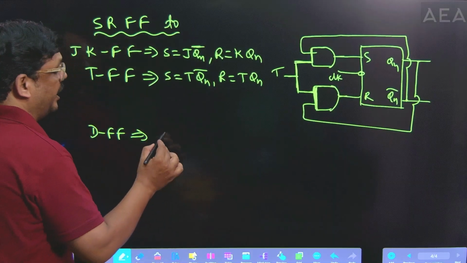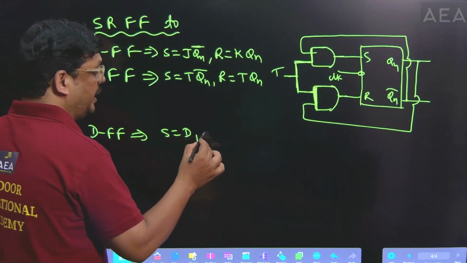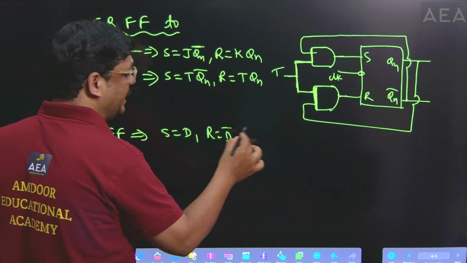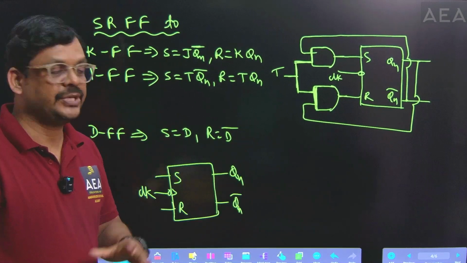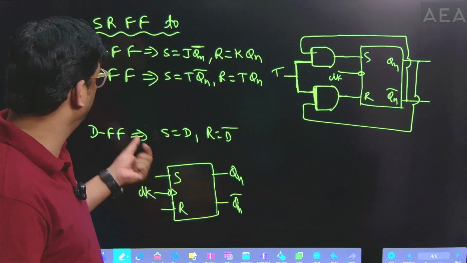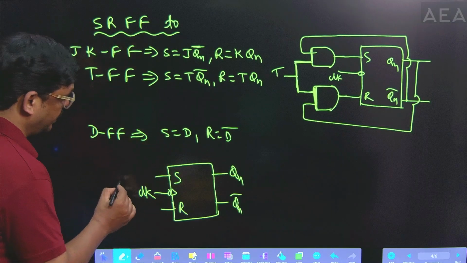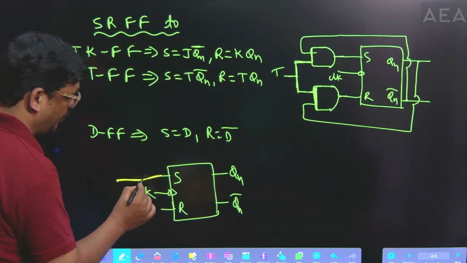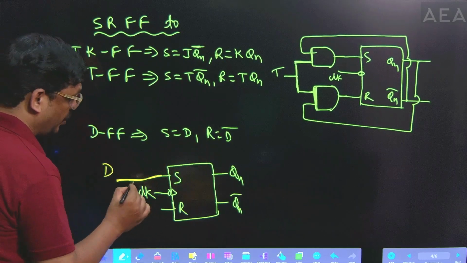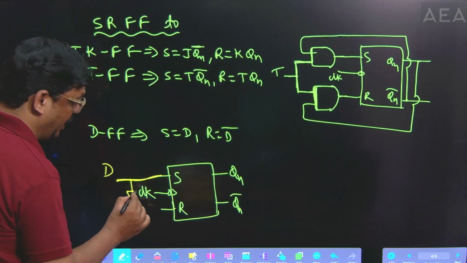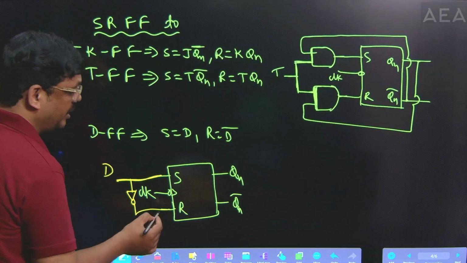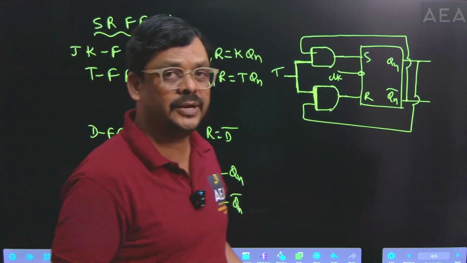That's why here I'm writing S is equal to D and R is equal to D bar. Now this conversion requires S is equal to D, so connect the D input directly to the S input, and R is equal to D bar. That means connect one NOT gate. One NOT gate is inserted between S and R, then it acts as a delay flip-flop.